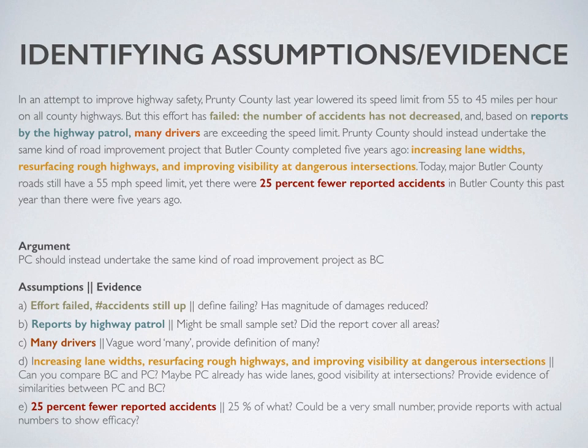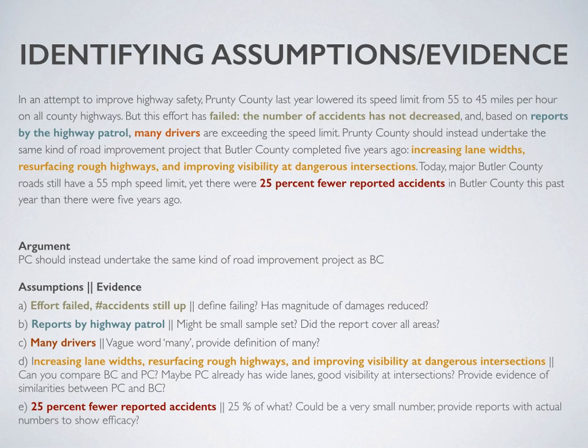So provide actual reports with numbers to show the efficiency of the Butler County road improvement project. Furthermore, this particular point only talks about reported accidents. What about unreported accidents? You don't know anything about unreported accidents. So, although this isn't a very strong point, which is why I haven't mentioned it here, it is also a line of thinking that you could have followed.